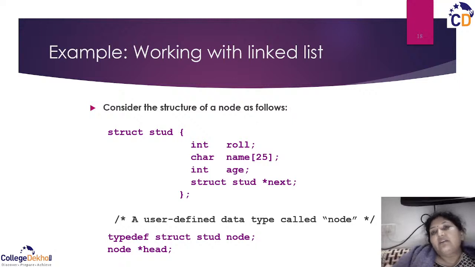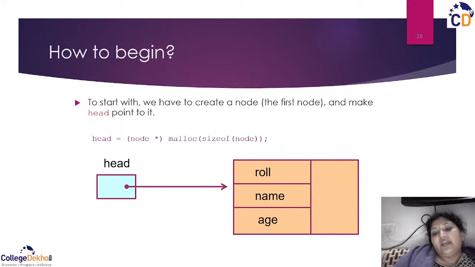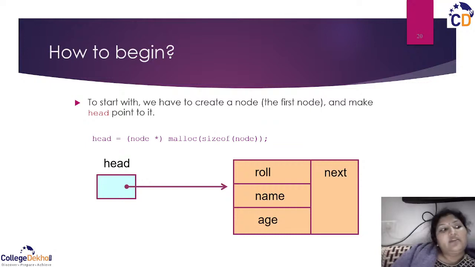It is a single linked list, where one node is containing three values. What are those three? Roll number, name, and age. And the next part is holding the address of the next element. So this is how we define and use a linked list in a program, right?